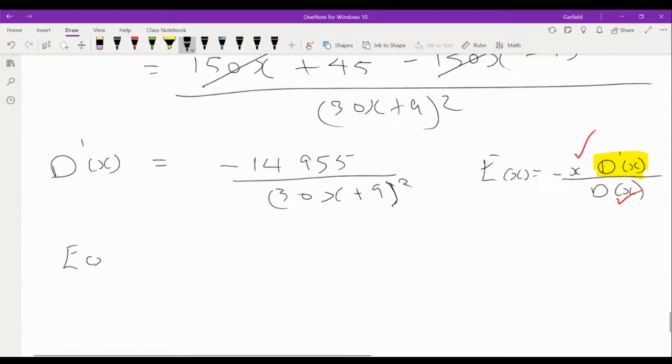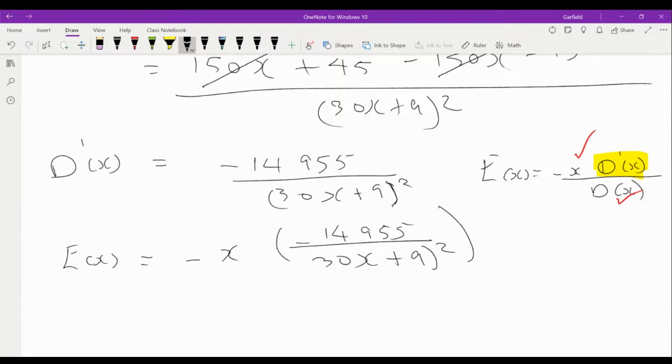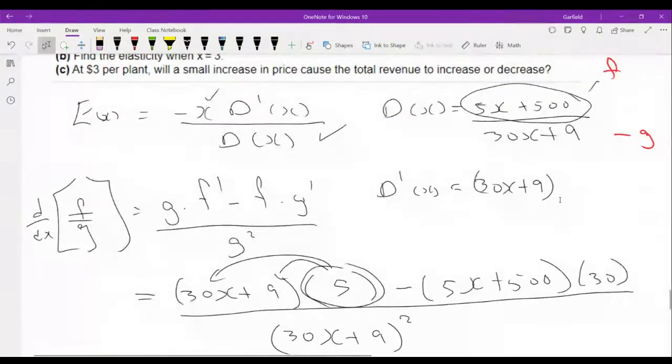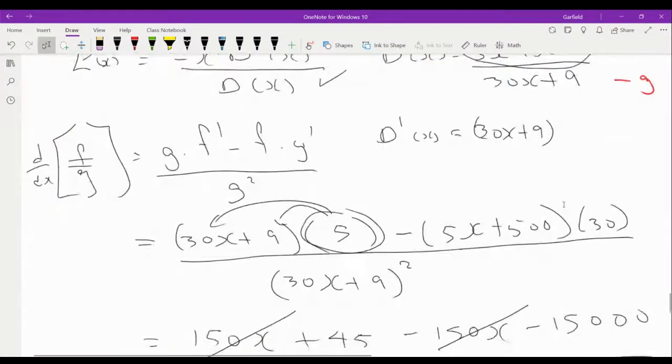So our E of x, or elasticity, is going to be equal to negative x times d prime of x, which is negative 14,955 over 30x plus 9 all squared, and that's all over d of x, which was 5x plus 500 over 30x plus 9.